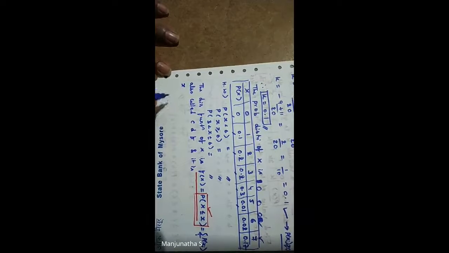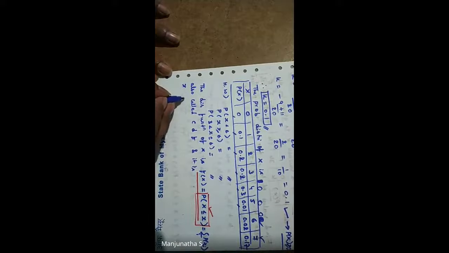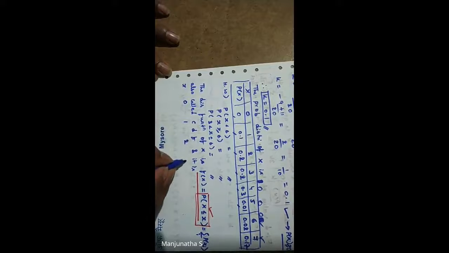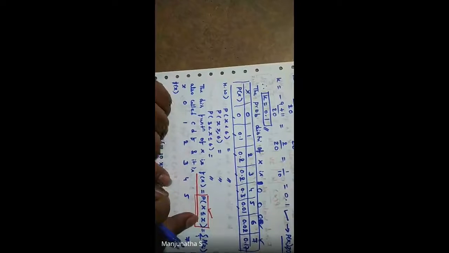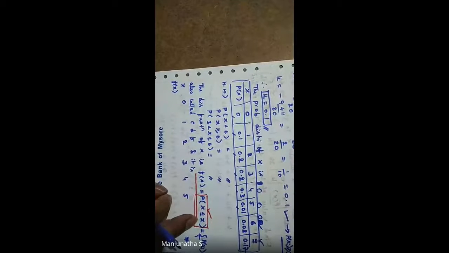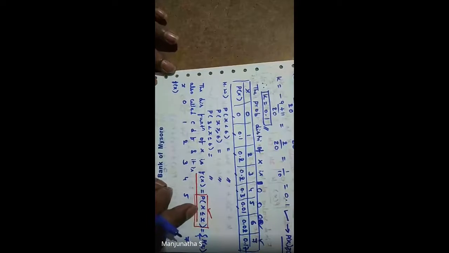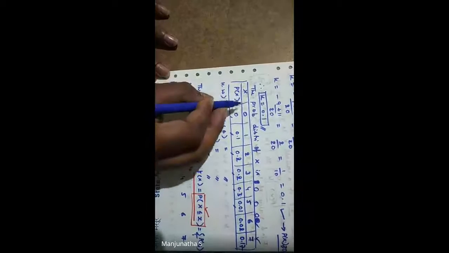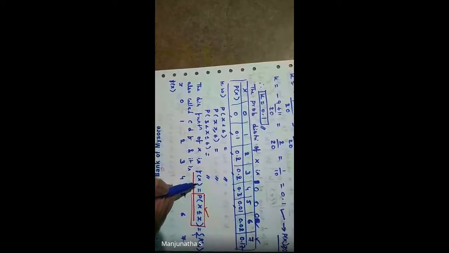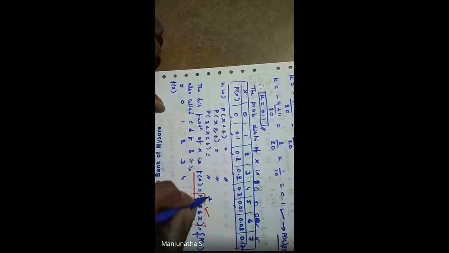And it is x: 0, 1, 2, 3, 4, 5, 6 and 7. Next, f of x. So how to find f of x? See, x less than or equal to small x. This value you're going to find. Very, very important.